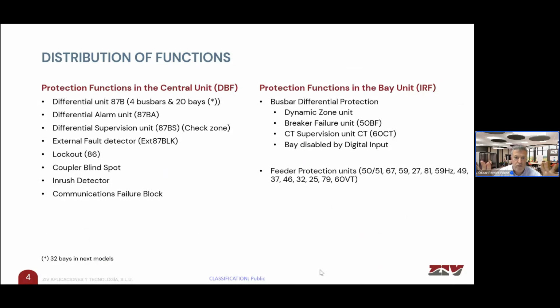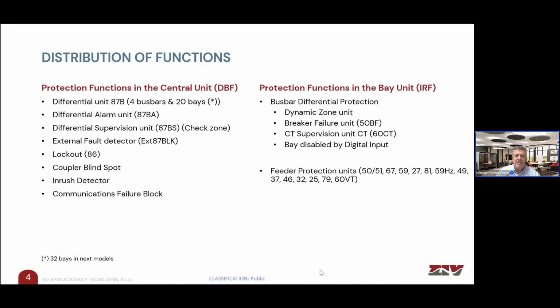modules involved, okay? So in the following slides, I will give you some basic clues about each of these protection functions. Very quickly, for example, in the case of the DBF, it's easy to understand that it's the place where the differential unit 87B is located.